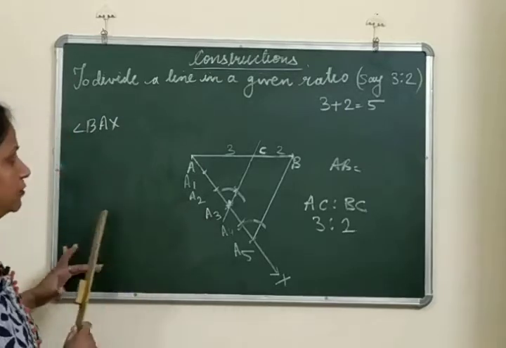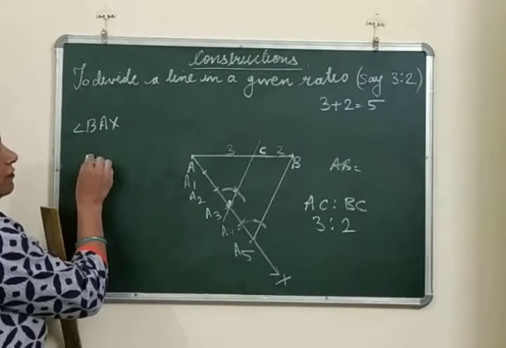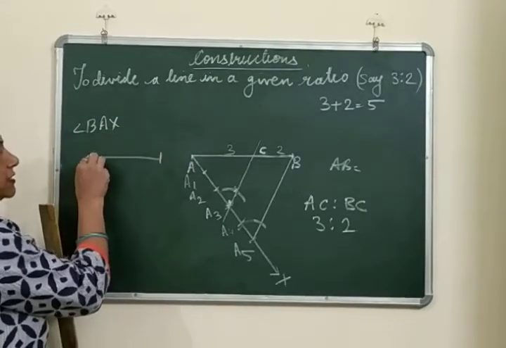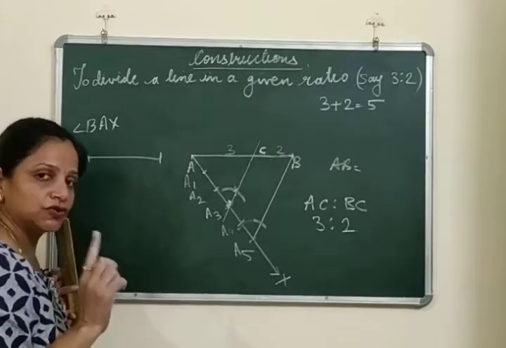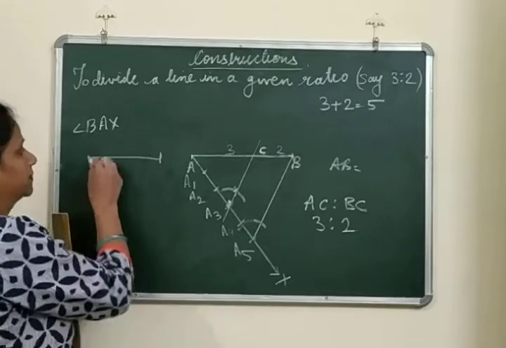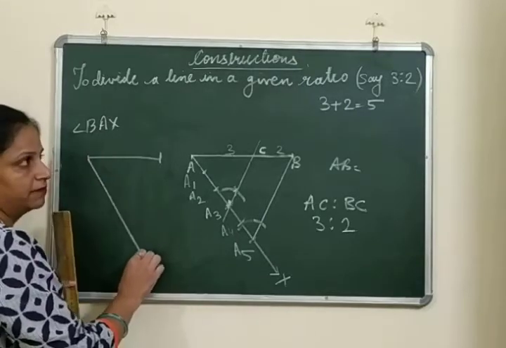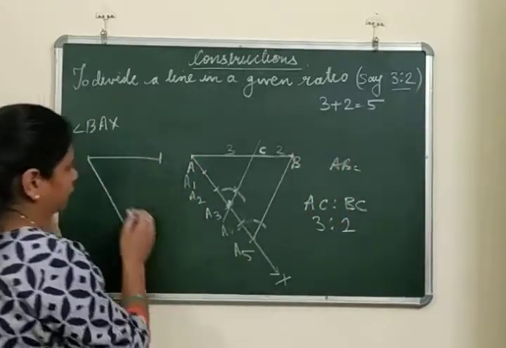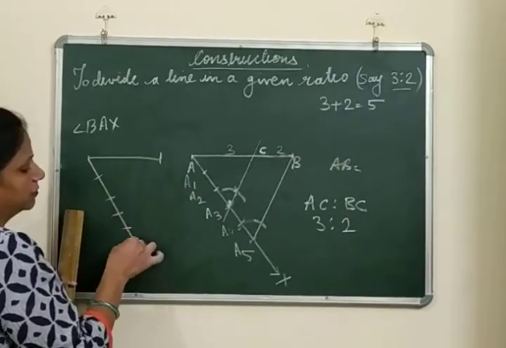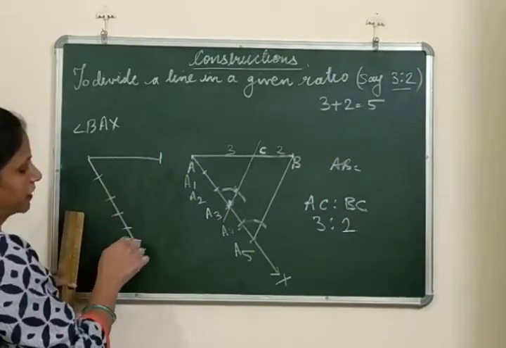Once again, I'll tell you the steps. You have drawn a line segment. If the length is given, you have to draw the same measurement. If the length is not given, then you can take any measurement. Then make any acute angle. The next step, whatever is the ratio given, make the sum of it and make the same number of parts here: 1, 2, 3, 4, 5.